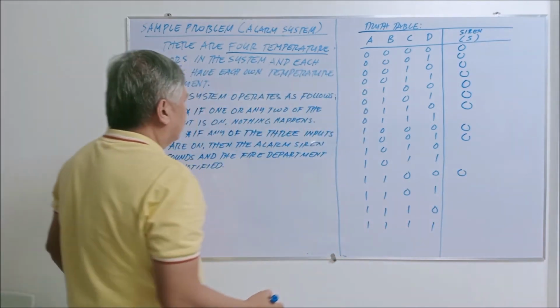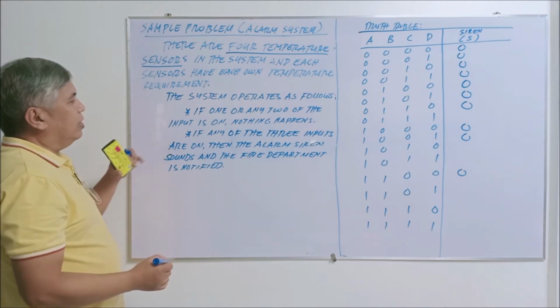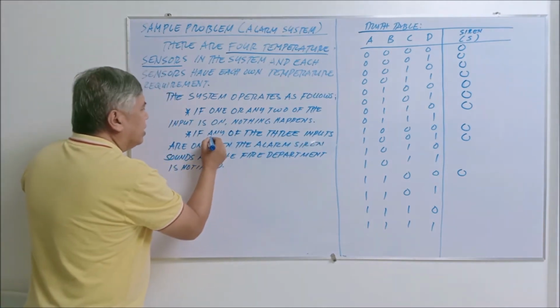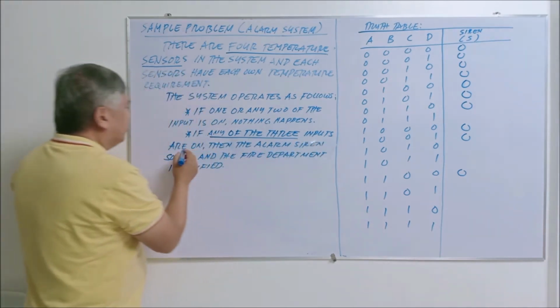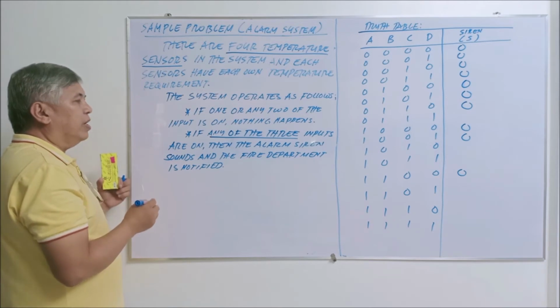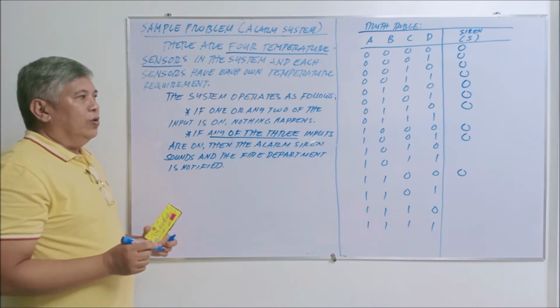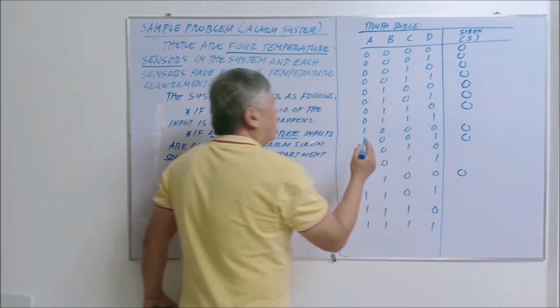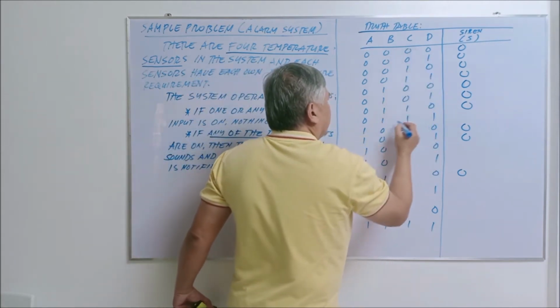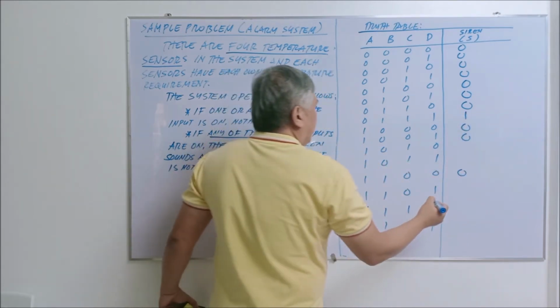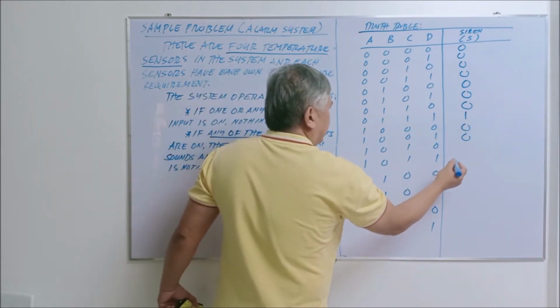Now, the second requirement is that if any of the 3 inputs are on, then the alarm siren sounds and the fire department is notified. So if any of the 3 of the inputs are on, then the output is 1, no?